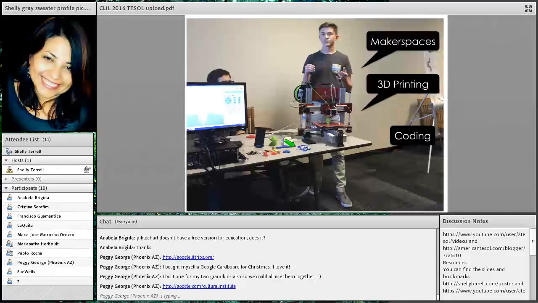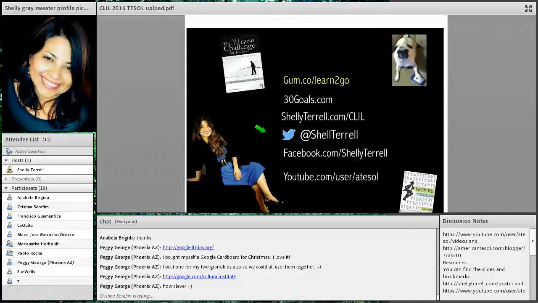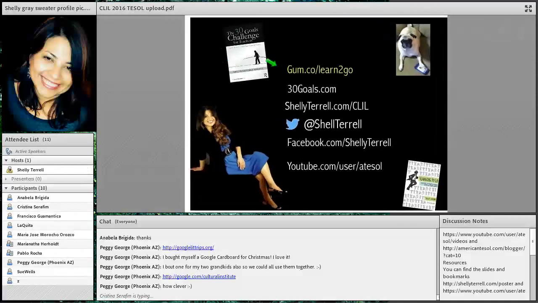But these are really cool things I've seen students do. This was in Indiana, and these two boys had actually made this Yoda with a 3D printer. So they were making some very cool stuff with the 3D printer, and they were also talking about coding in maker spaces. So those are a few ideas to help you with teaching content and language at the same time.